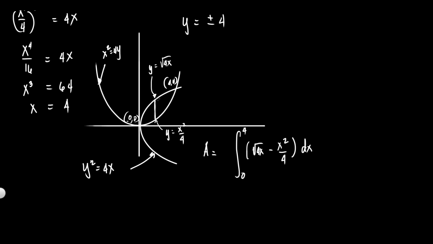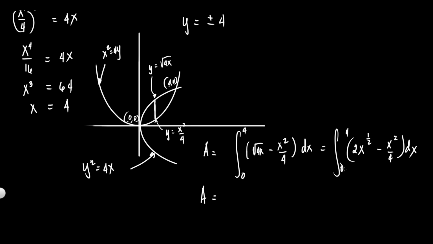So, we can now solve the area. This is equal to the integral from 0 to 4. Square root of 4 is 2. Okay, 2x raised to 1/2 minus x squared over 4, dx. Okay, let's integrate.